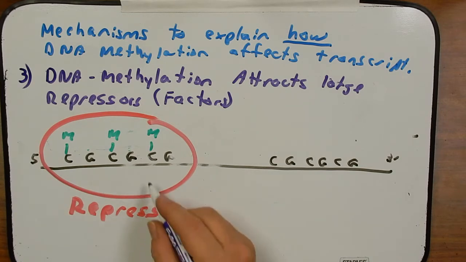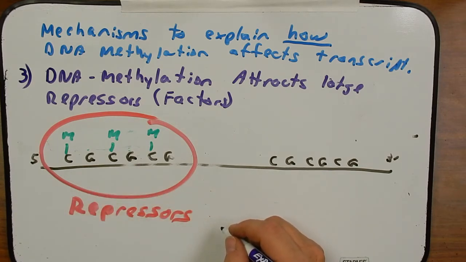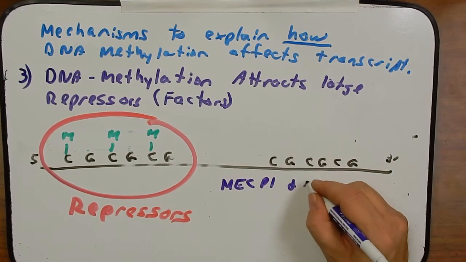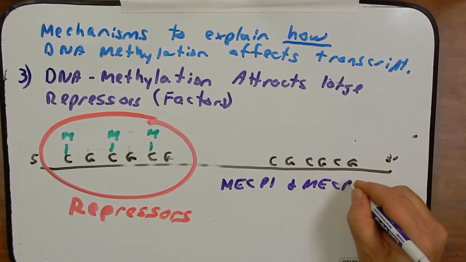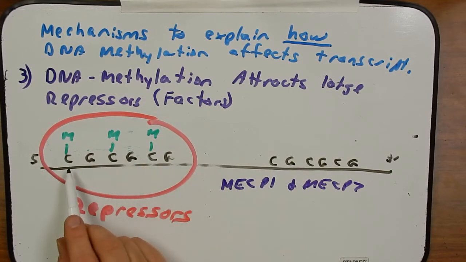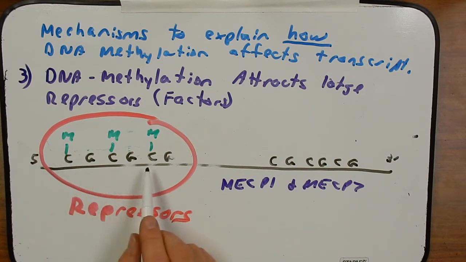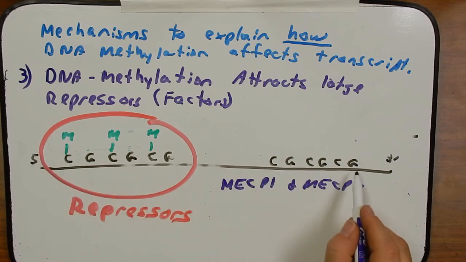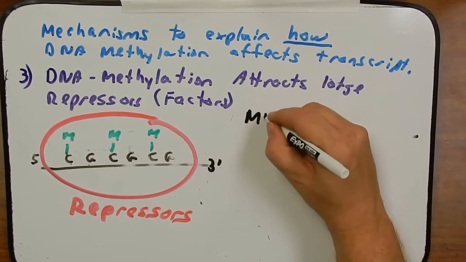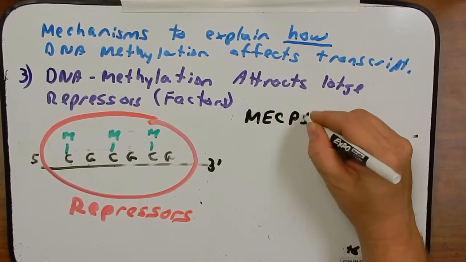To give a little support for this mechanism, there are two repressors, MECP1 and MECP2, that are repressors like this that specifically recognize regions of DNA that contain methylated cytosines. And they don't bind to regions, similar regions, that have the cytosines unmethylated. Okay, so I want to say a couple things here about MECP1.